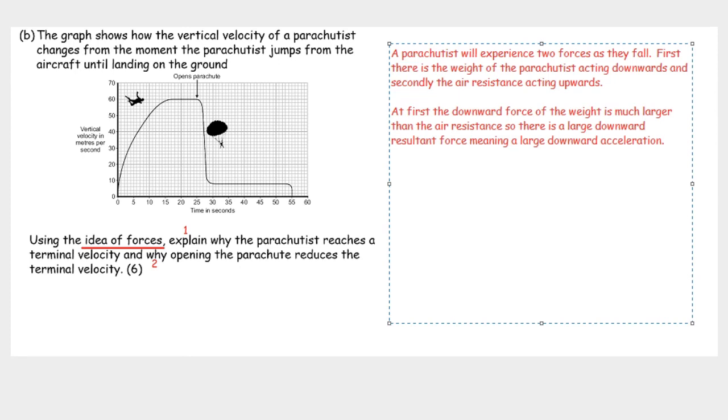Now I'm going to go into why the air resistance increases. So as the speed increases, sorry, we're just looking at the question there, this one's talking about velocity. As the velocity increases, the air is pushed out of the way at a higher rate.